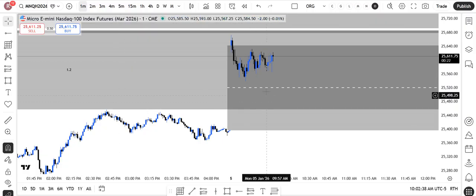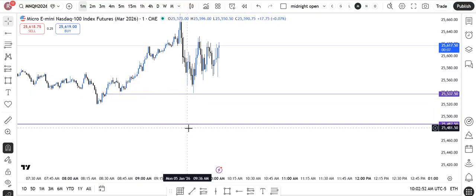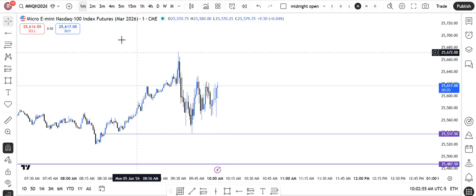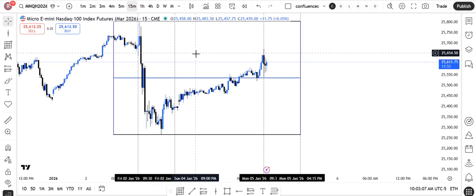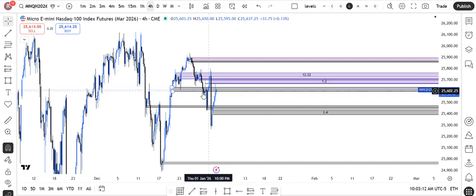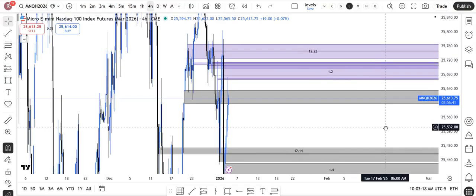Remember, still haven't gotten to the midpoint of the opening range gap. It's 10 o'clock. Usually 70% of the time it does hit this by 10 o'clock. It has not done that. Midnight opening price, 8:30 opening price, equilibrium of the regular trading hour session from yesterday, from Friday, and new week opening gap from, when was this?